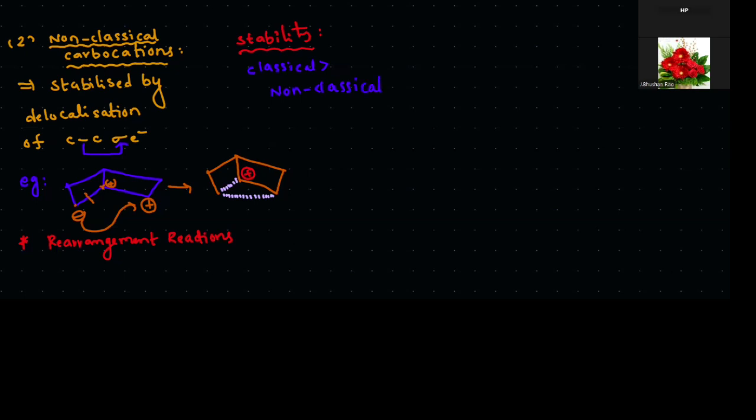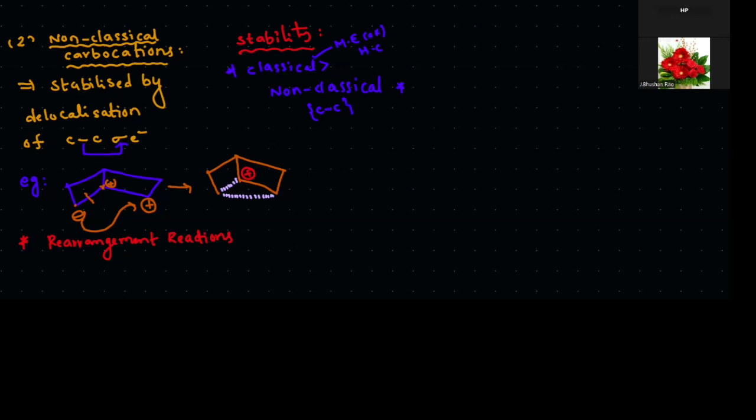These classical carbocations are stabilized by the mesomeric effect or by hyperconjugation. But in the non-classical case, only carbon-carbon rearrangement. So that's why classical is always more stable than non-classical.